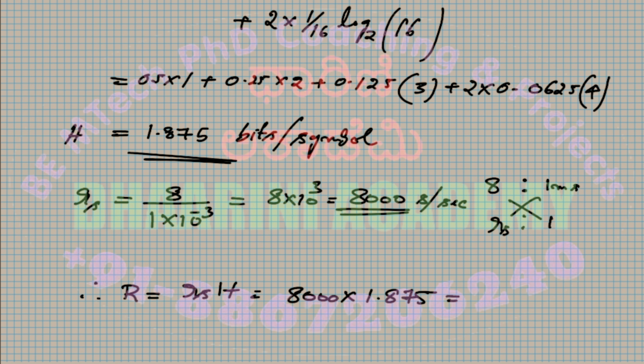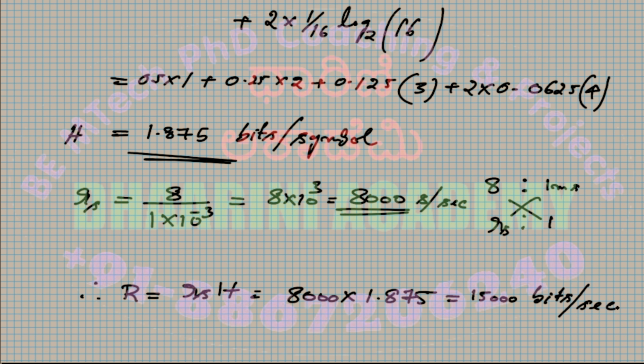Please calculate. This is equal to 15,000. What is the unit? Bits per second. It's a rate, right? Information rate. So we measure in this fashion.